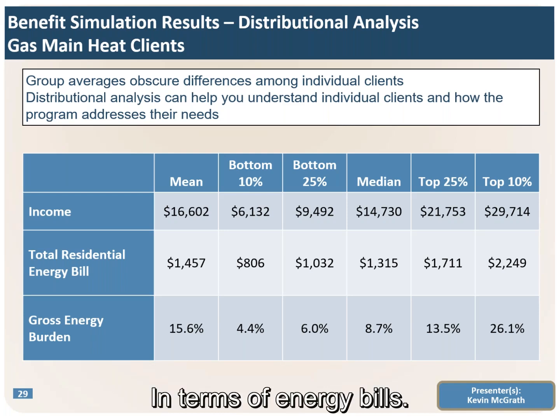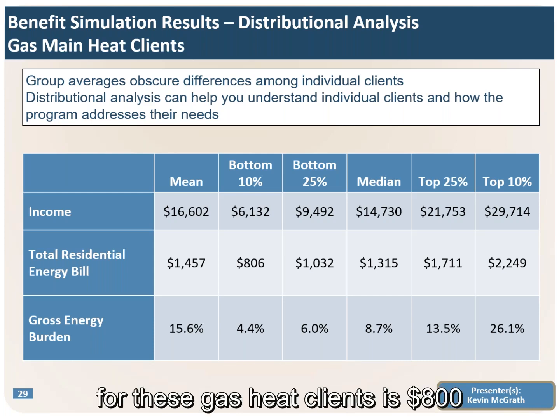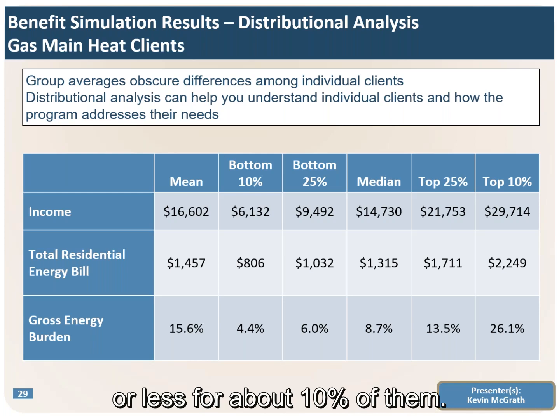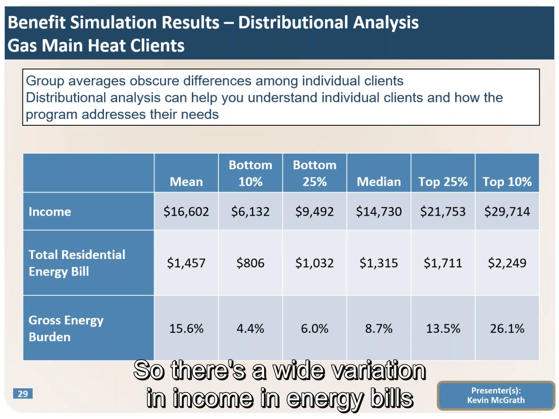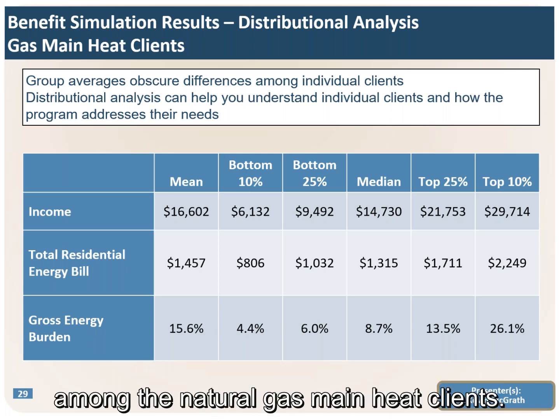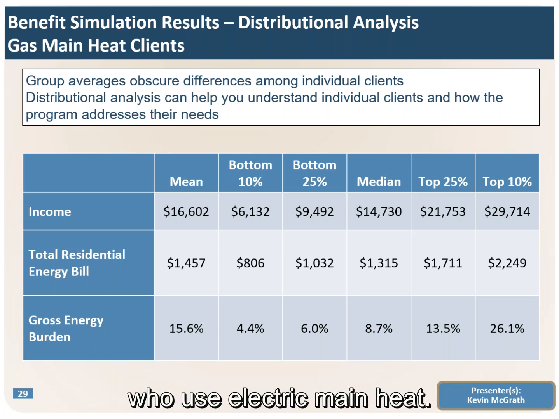In terms of energy bills, the total residential energy bill for these gas heat clients is $800 or less for about 10% of them, and for about 10% of them, it's $2,200 or more. So there's a wide variation in income, in energy bills, and the gross energy burden among the natural gas main heat clients. And the story is similar for clients who use electric main heat. Next slide.